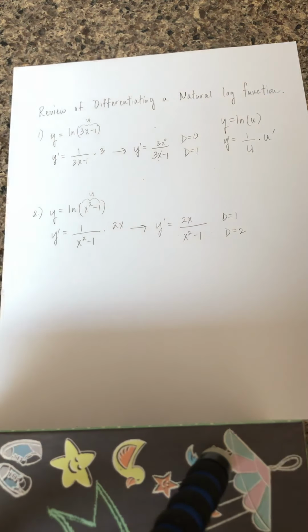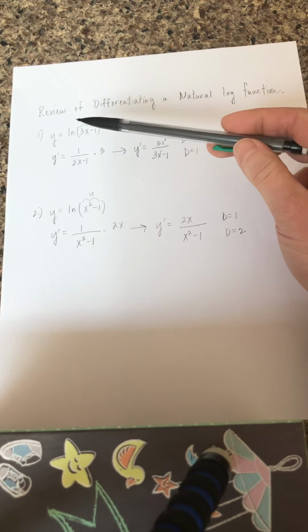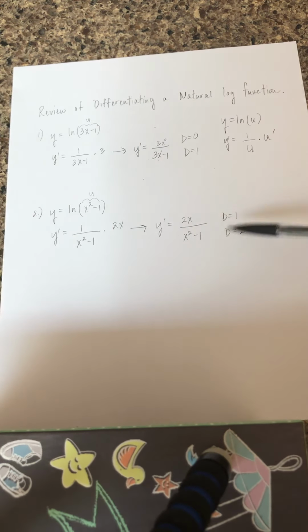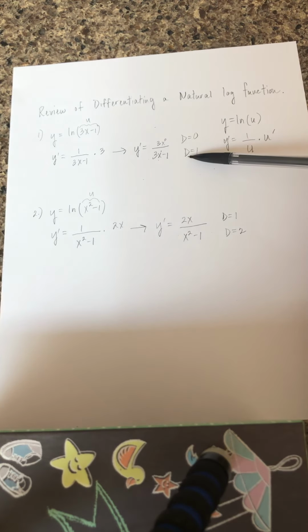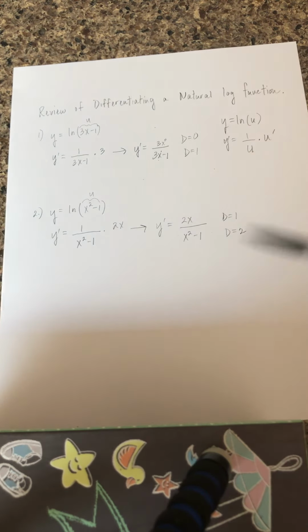So the relationship that I want you to see is that in both situations when we found the derivative of our natural log function, in the final answer, the denominator has a degree that is 1 larger. Here, same thing. The denominator has a degree that is 1 larger, right? That's really, really important in recognizing when you're going to incorporate natural log functions with integration, right?